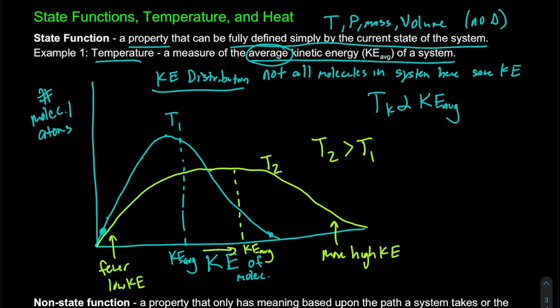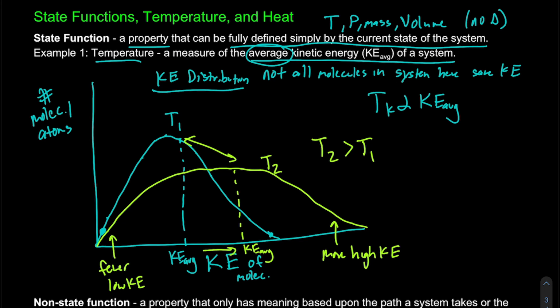But there still is this distribution where we have some very high kinetic energy and some very low kinetic energy. But if I were to measure the average kinetic energy of a system, aka the temperature, it doesn't matter how I got between these two points. It just matters that I'm at a specific temperature.